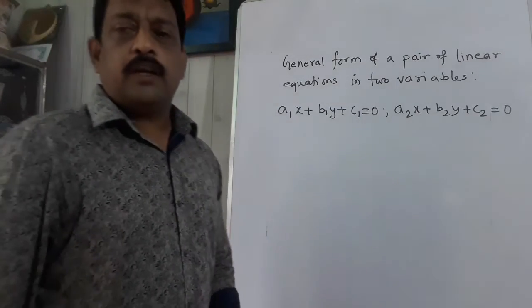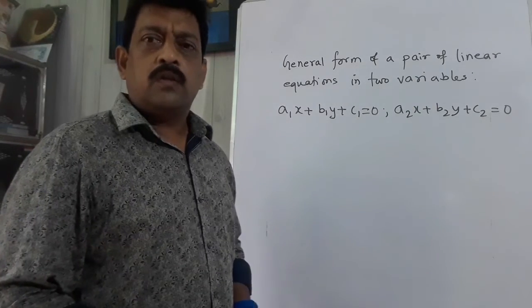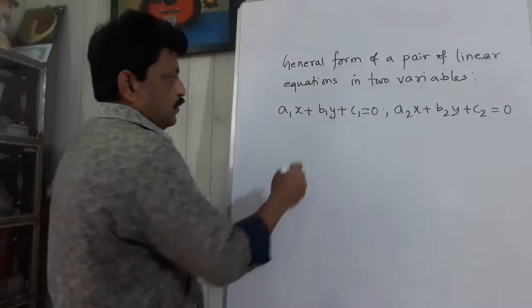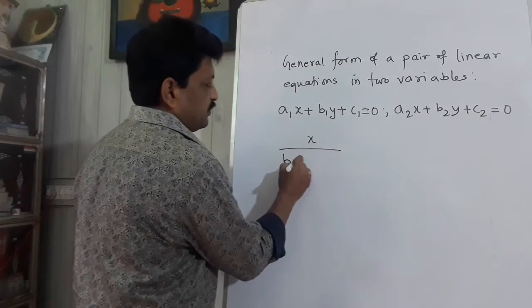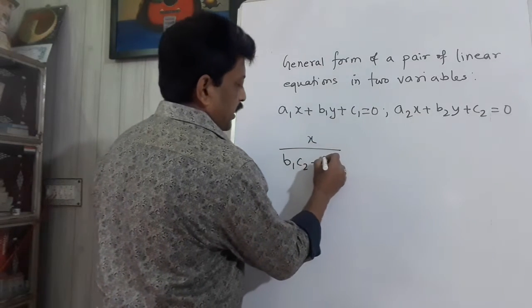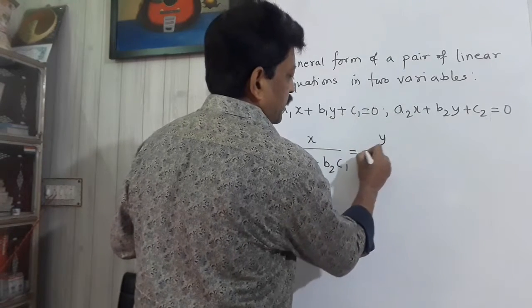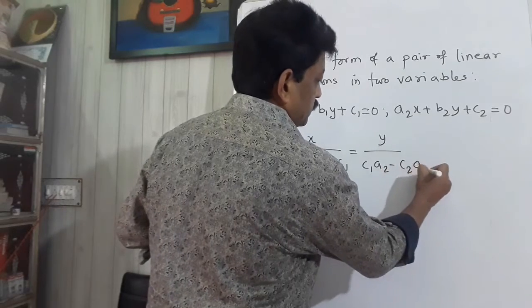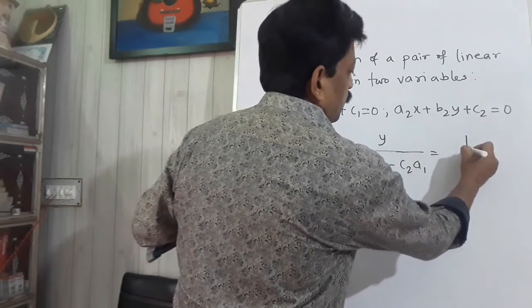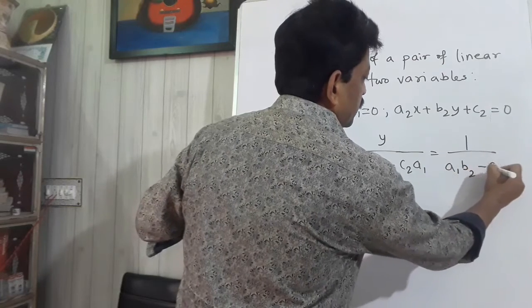Now, how do we find the values of x and y directly using the cross multiplication method? The formula looks like this: x by b1c2 minus b2c1 equals y by c1a2 minus c2a1 equals 1 by a1b2 minus a2b1.